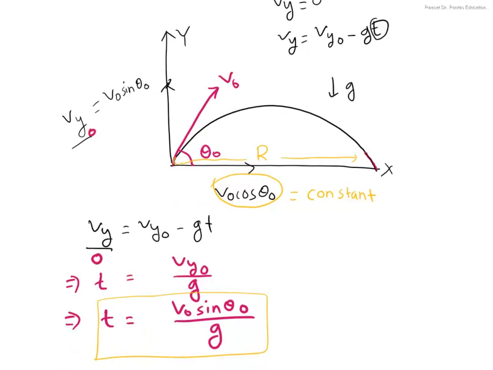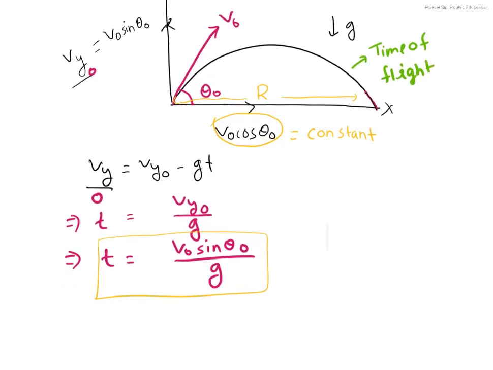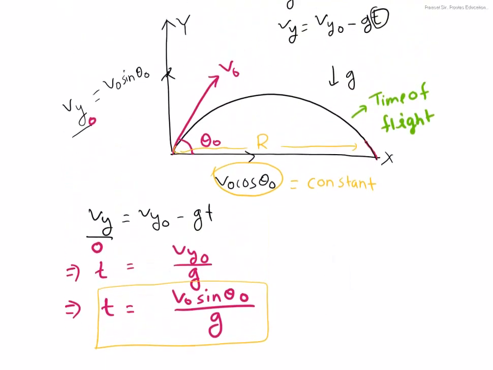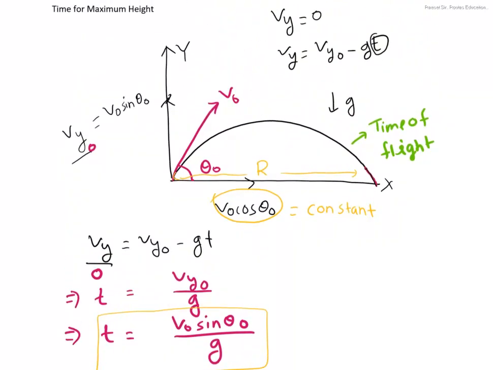To find this R, we need another term, which is the time of flight. So at first we're going to find the time of flight of this projectile. How can we find it?